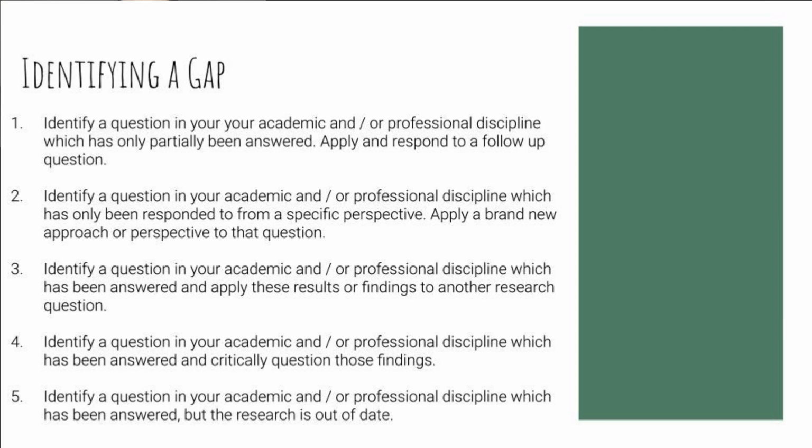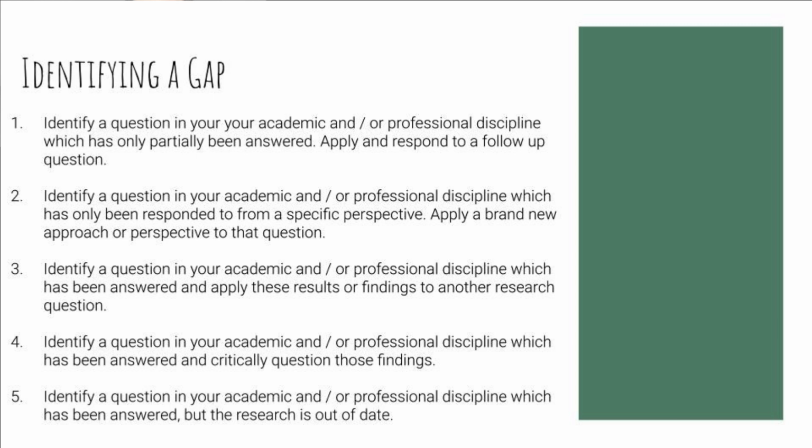Maybe a lot of people have looked at it and said yes, it does, or no, it doesn't. Okay, why? How? Who does this affect? Add a follow-up question. We'll work on this later in this course when we start to brainstorm research questions.